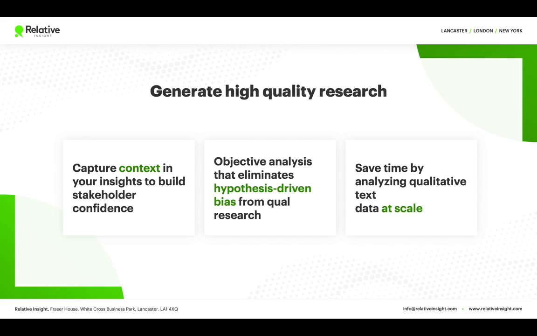And at the same time, it's going to help you drastically reduce the time and effort required to analyze qualitative text data at scale. And in doing so is going to help you leverage the qualitative data that you have as a regular part of your business intelligence and reporting process.